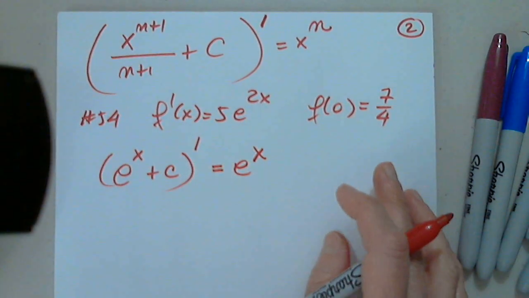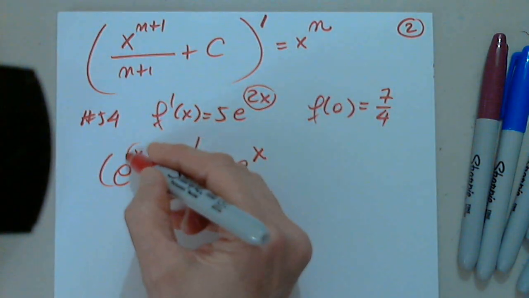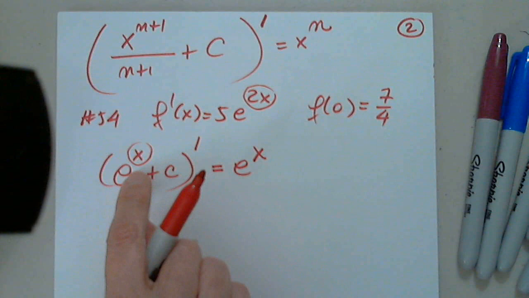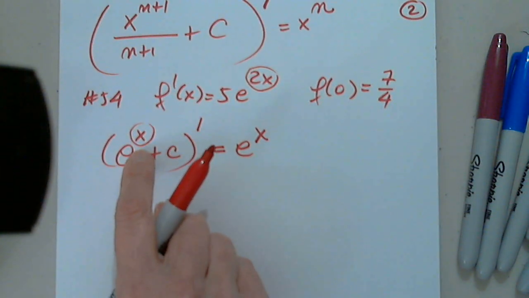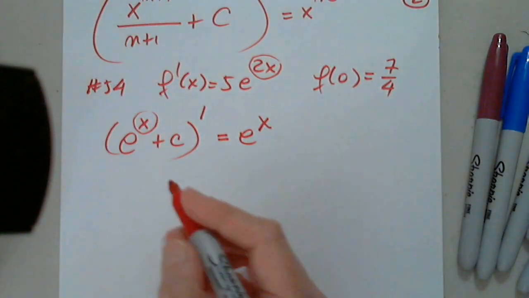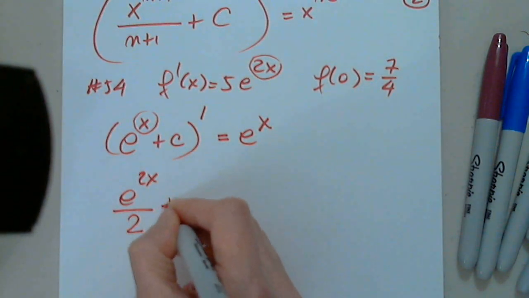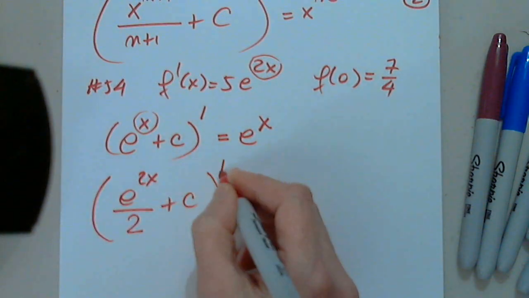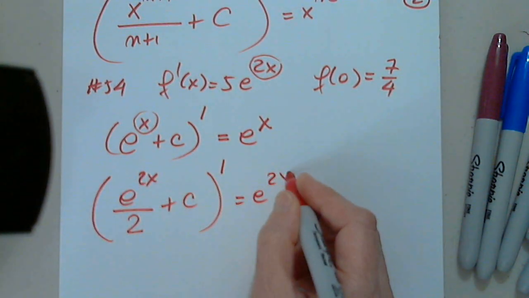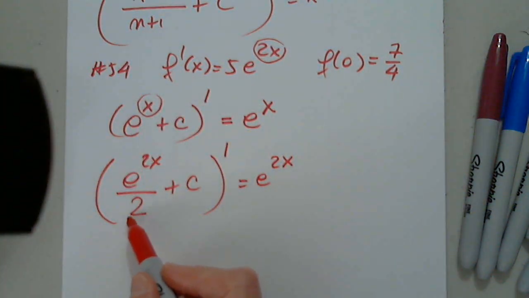Awesome. Now, what happens if the power is not exactly x? It's a number times x. We have to make a small adjustment. E to 2x divided by 2 plus a constant c will be e to 2x. So if the number in front is 2, I need to divide by 2.